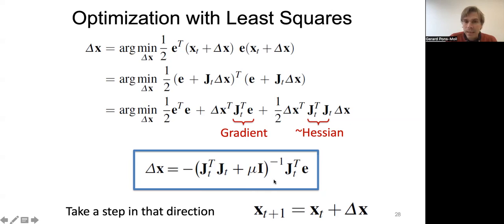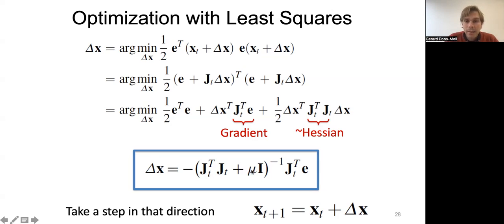This is a parabola, because it has this linear term and this quadratic term. And what we're finding here is the minimum of this parabola.